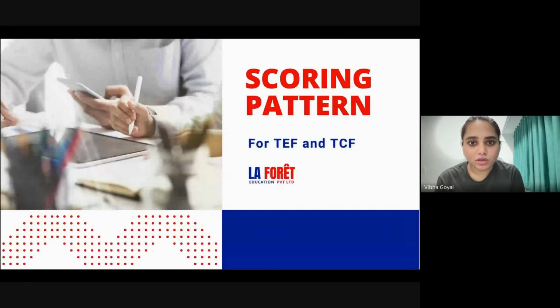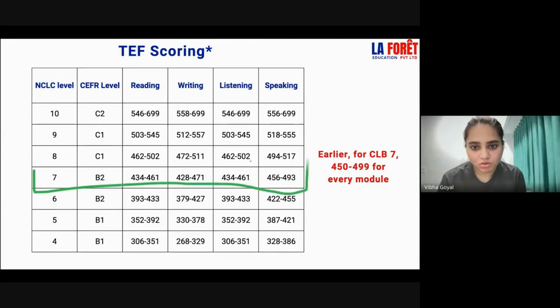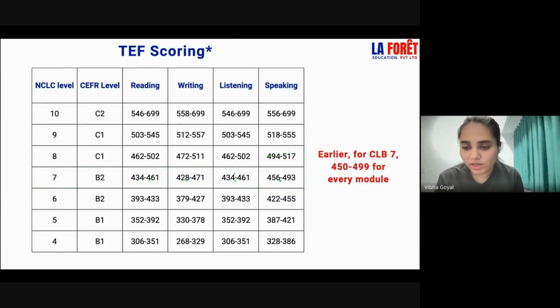Looking at the scoring for TEF and TCF, one thing which is very important to remember is that it can change anytime. मैं आज आपको ये बता रही हूँ, ये कल चेंज हो सकता है. Like we saw the change in December 2023. तो ये है स्कोरिंग. If you are aiming for CLB 7 or more, देख लो आपको इतना स्कोर करना जरूरी है हर एक मॉड्यूल में.